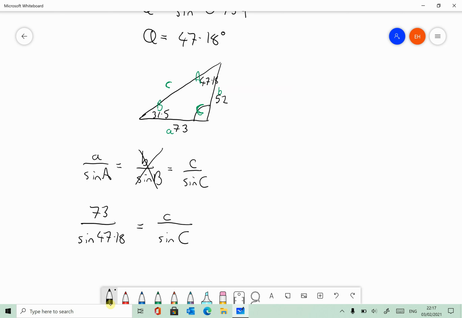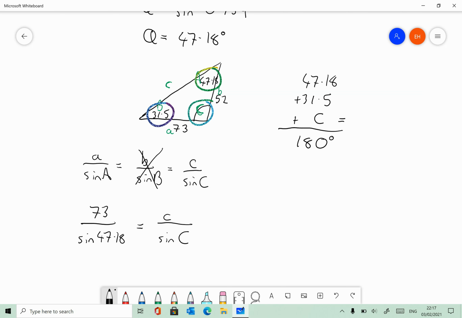Now, big C here, we can work that out because this angle and this angle and this angle must add up to 180. So 47.18 plus 31.5 plus big C all must add up to 180 degrees.